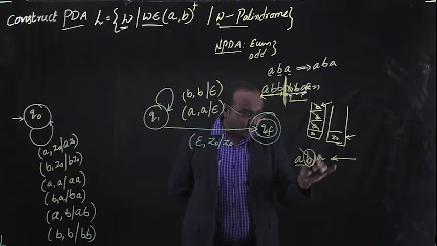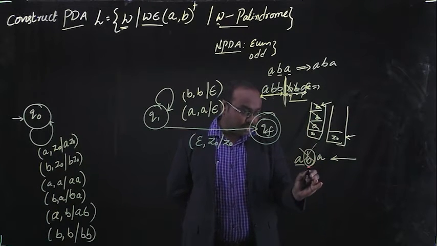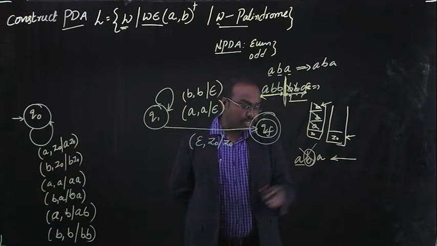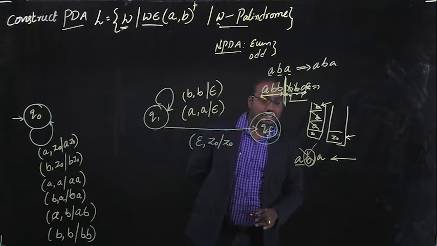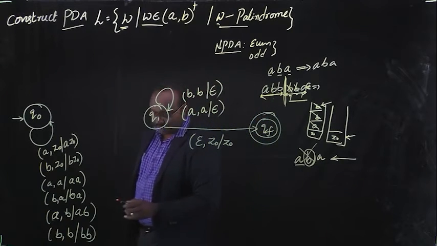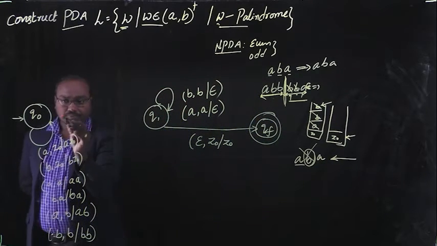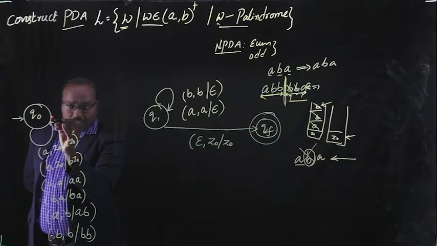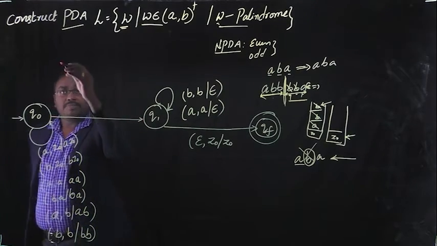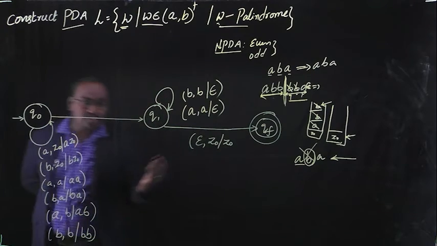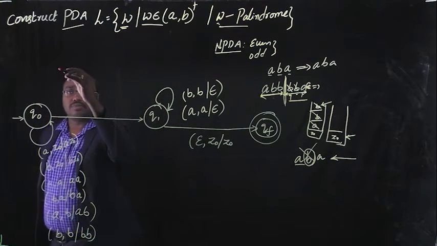Whenever we are seeing the middle element B, we leave the top of the stack as it is. So here there are four possibilities for the middle element. What are the four possibilities?